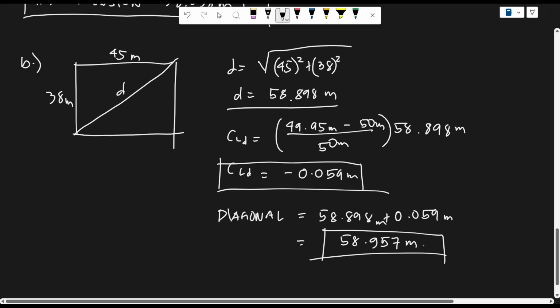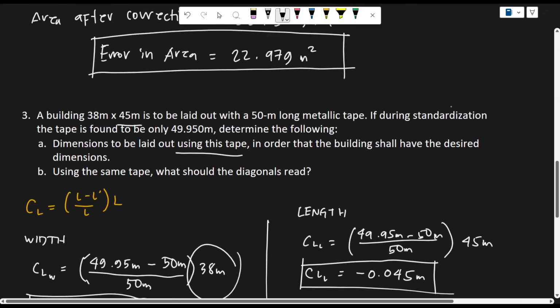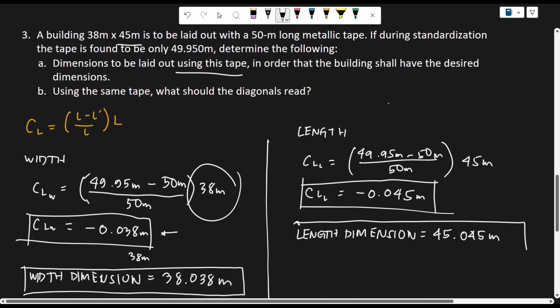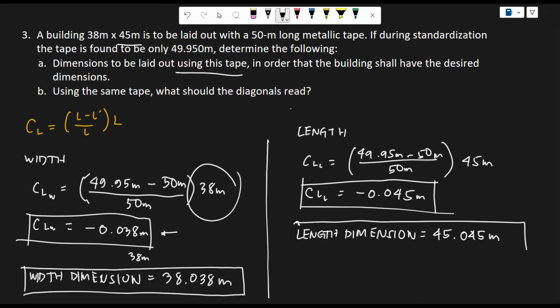Okay, so to review, we have been correcting different measurements if we used a tape with incorrect length. Now, in the first two problems, we corrected the already measured tape. So we determined what the correct measurement was by computing the corrections. In this third case, we're still going to lay out that particular line.